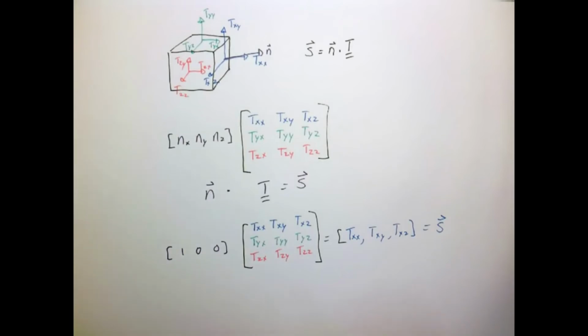So it's kind of a trivial example, but we see we get the right result. And if I use the normal vector 0, 1, 0 or 0, 0, 1, I simply extract either the x, y, or z row. And again, these rows are all the forces or stresses that are acting on a face with a normal vector pointing in the x direction, y direction, z direction.